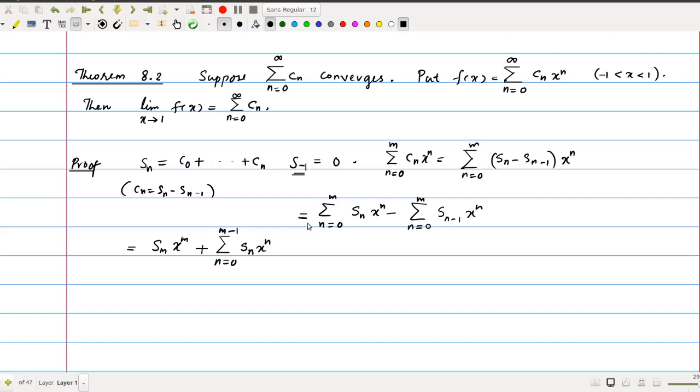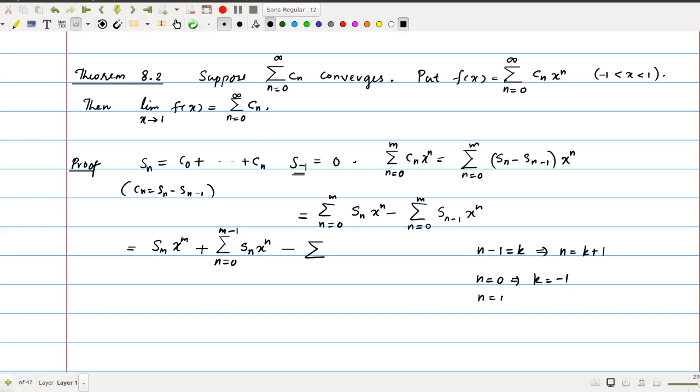So this is the splitting of the first term. For the second sum, we substitute n minus 1 equal to k, so we have n equal to k plus 1. Whenever n is equal to 0 we get k equal to minus 1.